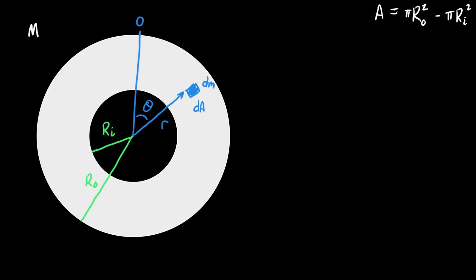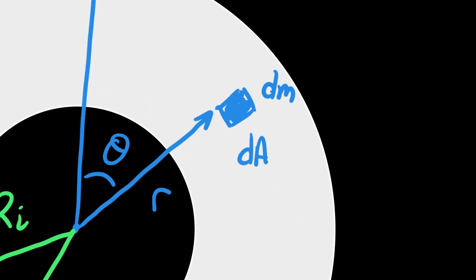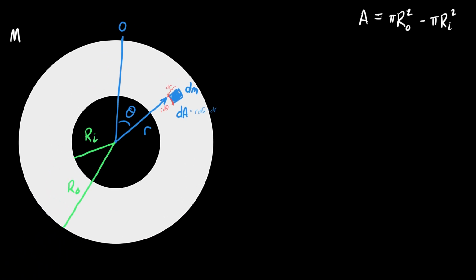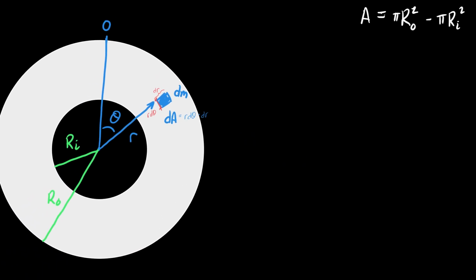We've done this a couple times before, but I'm still going to try and do it again by having us recognize that this portion here would be r d theta, and this portion here is dr, and that would make a r d theta times dr. Everything okay there? No one's saying anything, so I'll just assume yes.